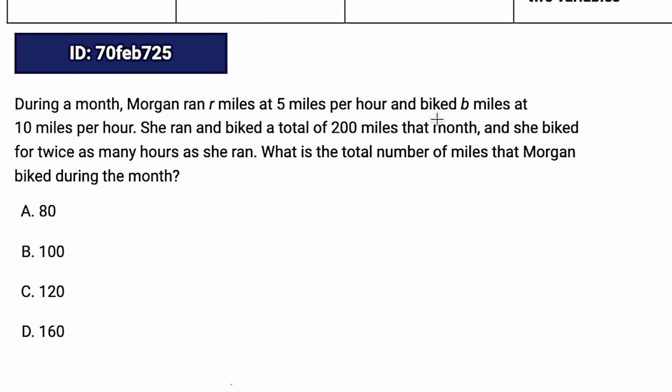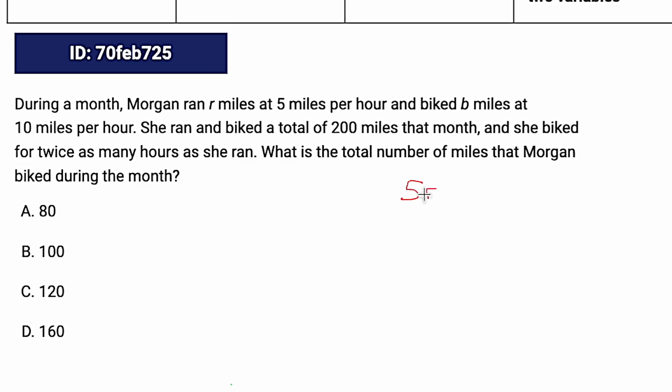The first thing we need to do is write this out, regardless of whether we're going to use Desmos or not. Because we have R miles at 5 miles per hour, we could say 5R basically.